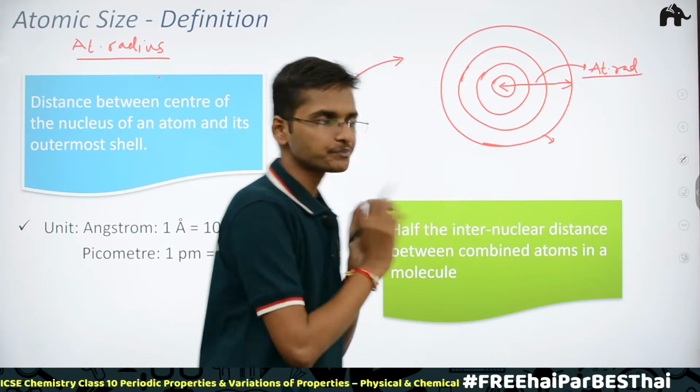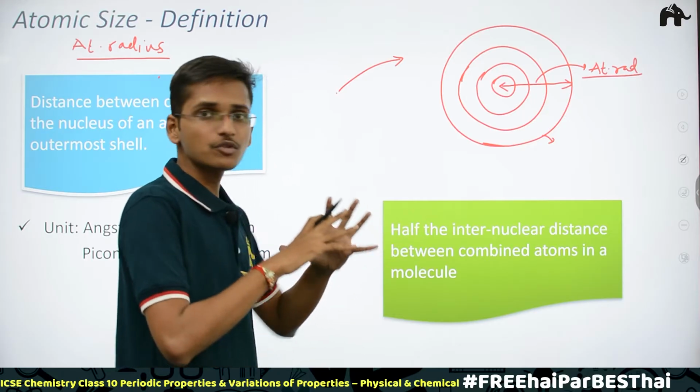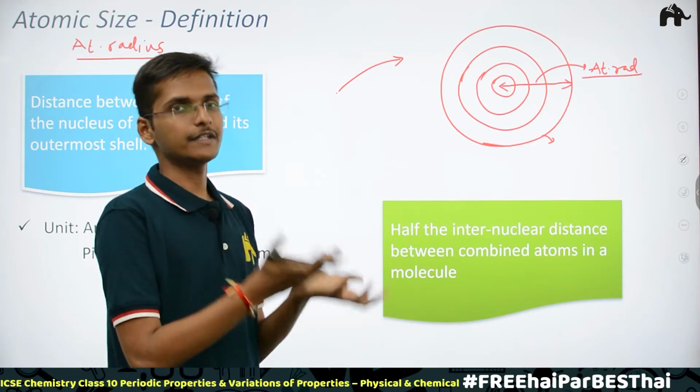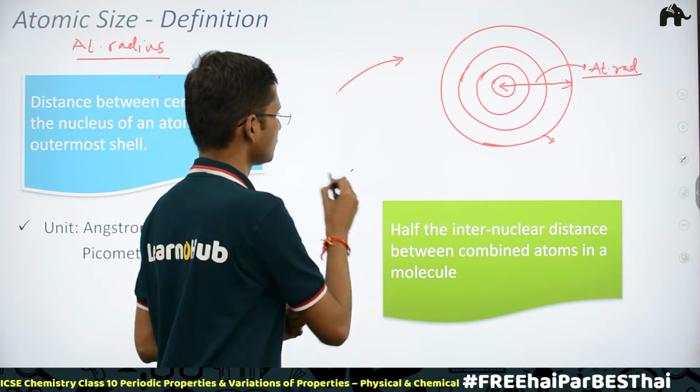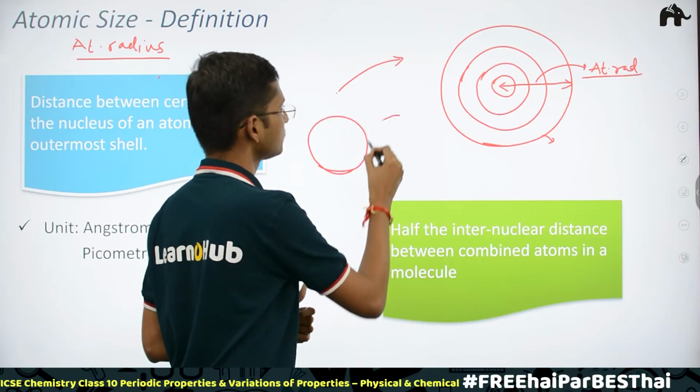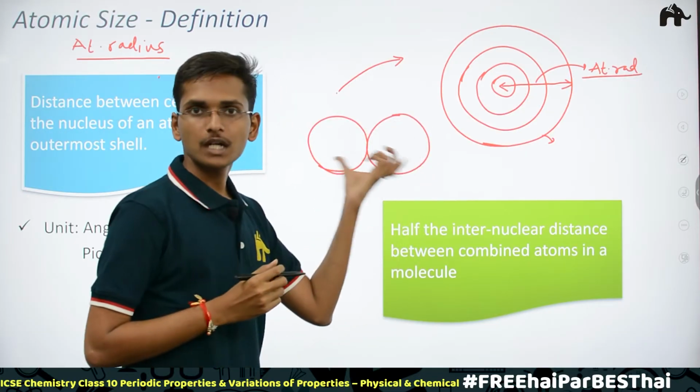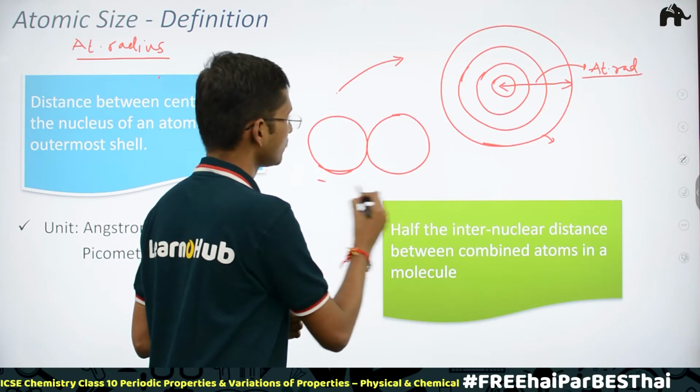Now in terms of combined atoms also we can define atomic radius. Suppose we take two atoms which are combined to form a molecule.